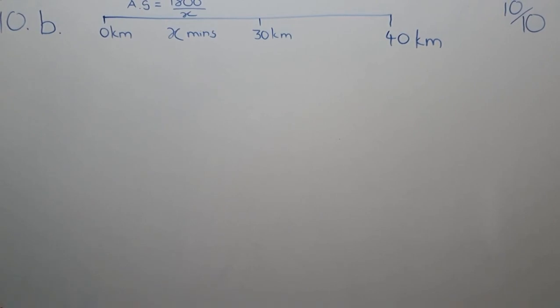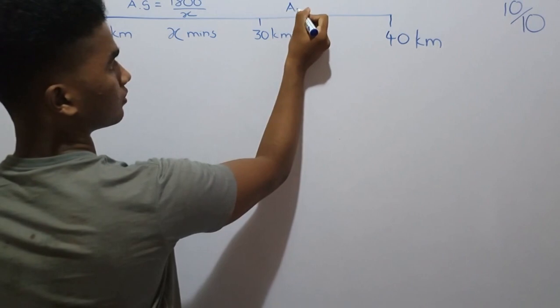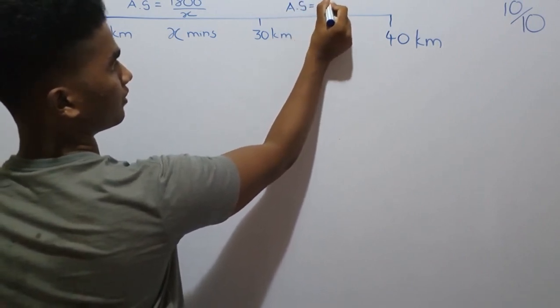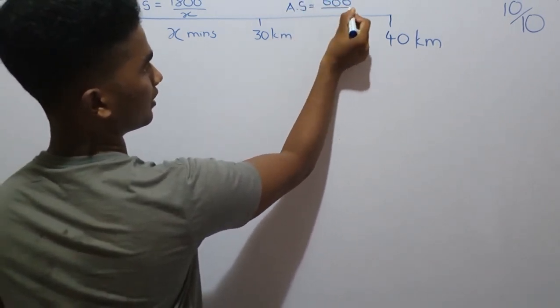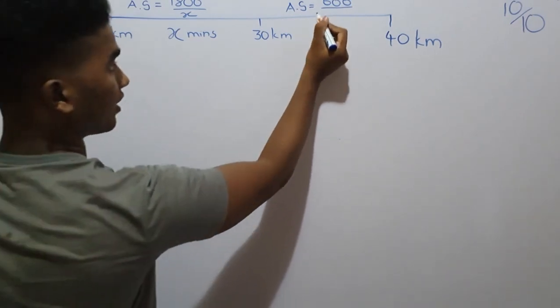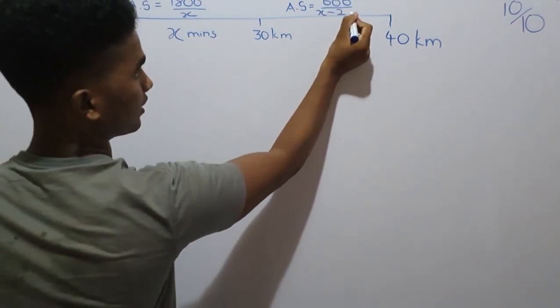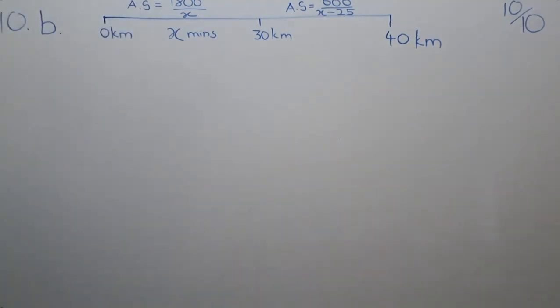Her average speed is 600 divided by x minus 25. This is the average speed.